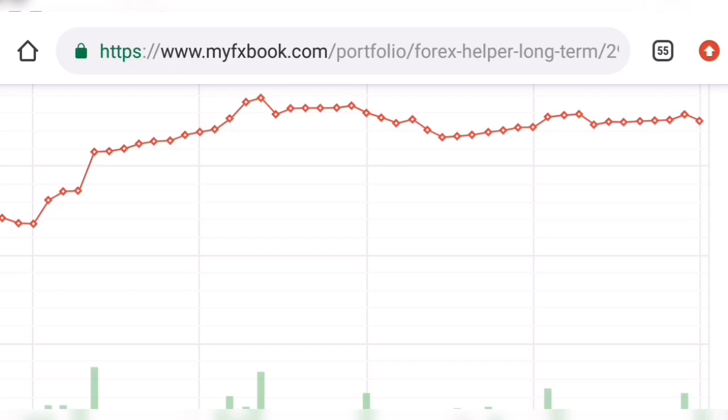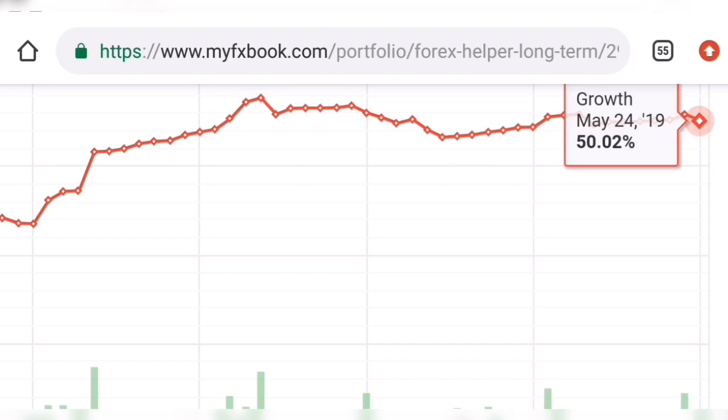The equity on here is the yellow, but it's not on this graph. But you see the growth as of this date, from negative 10% at the start to a positive 50% growth on May 24th, 2019.